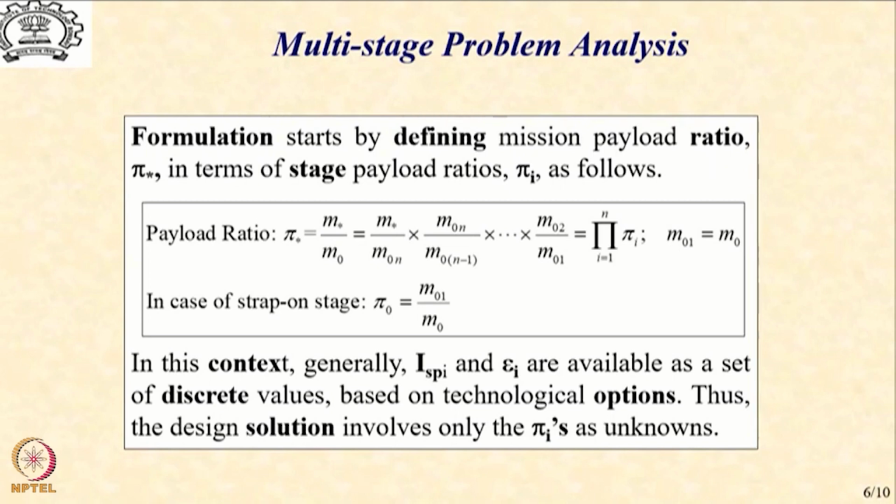You will note that in such a case, epsilon i's and Isp i's are not really directly designed per se, but are only selected from an available set of discrete values in a given context, and the only unknown for the design problem is the stage payload ratios pi i's under the constraint that their product must be equal to pi star, and that will be our statement of the design problem.